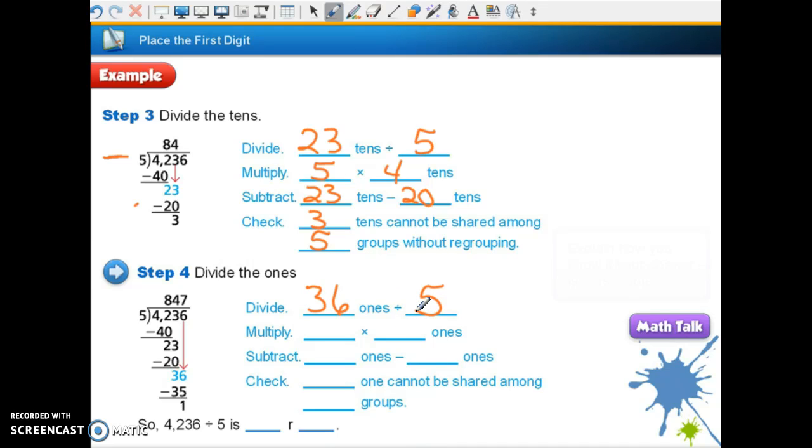Multiply 5 times 7 ones. Subtract 36 ones minus 35 ones. Then we get 1. Check. 1 cannot be shared among how many groups? 5 groups. So our answer is 847 with the remainder of this 1 down here.